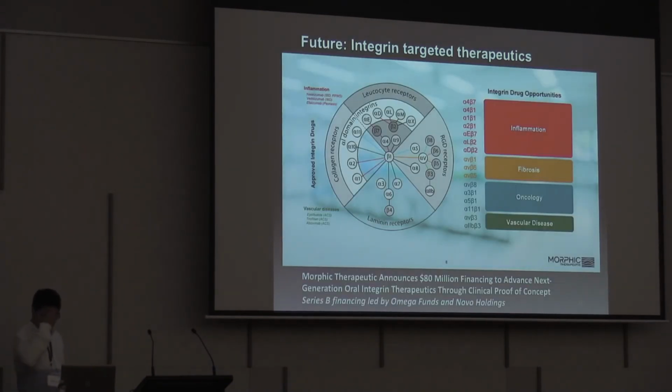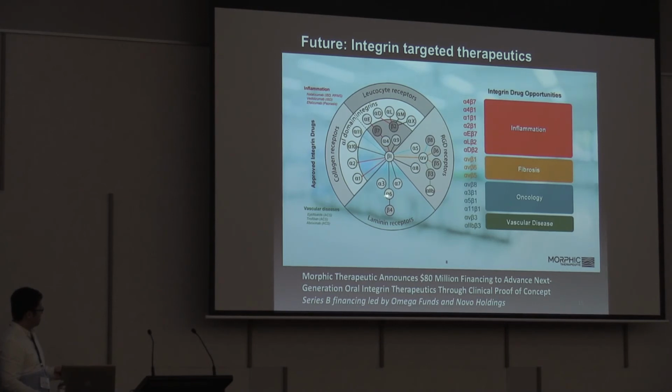Looking forward, there are two reasons why this is very important. One is that it is of great significance to tissue engineering. The second is to inspire new integrin-targeted therapeutics, because a lot of money has been invested to develop integrin therapeutics.